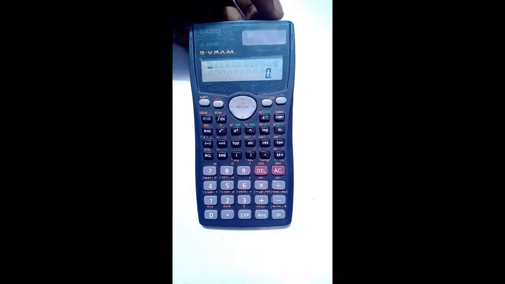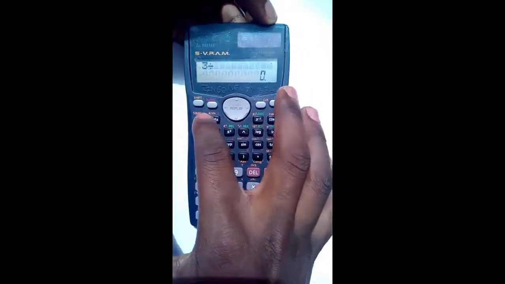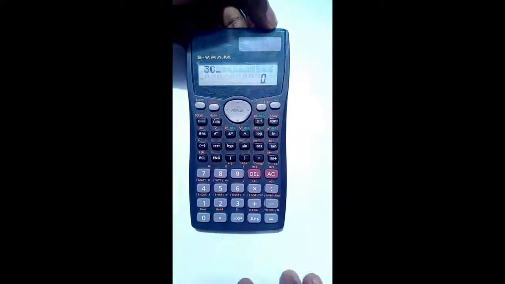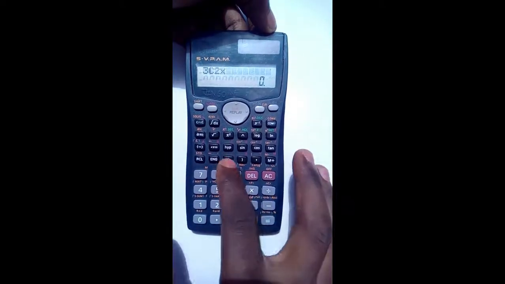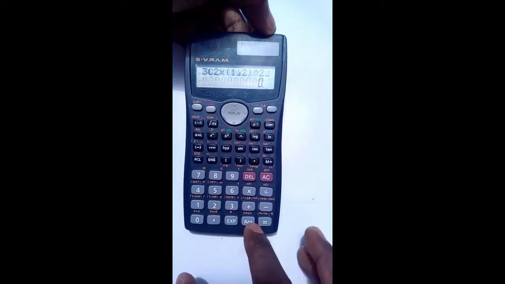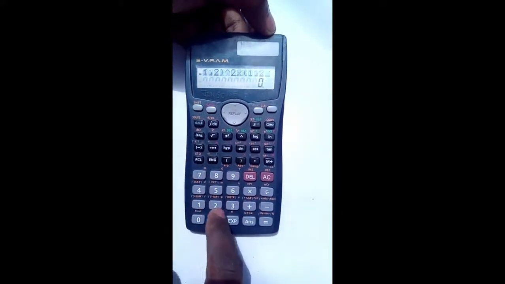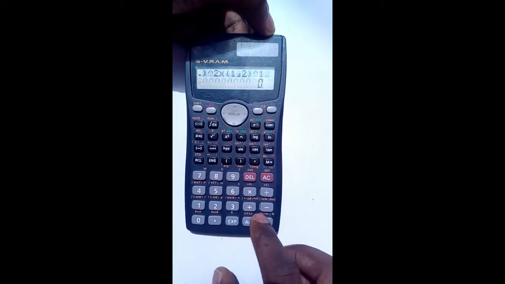Make sure you have cleared your calc. So you're going to press 3, shift, division sign, you get that, and then you say 2, times the brackets, which is 1, go to this symbol, then I get the 2 to give me the half, then to the power 2, and then times, open brackets 1 out of 2, close bracket, to the power 1, and then you go to equals, you get that.